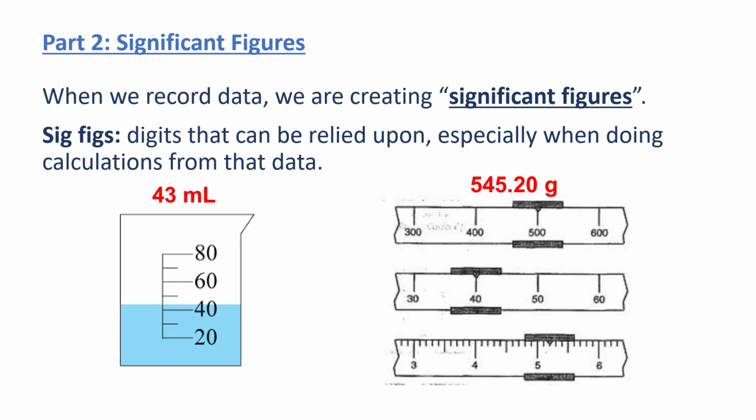So I might be able to tell that the balance looked like this, 545, and then it's got tenths, or 0.1 gram increments, as its smallest lines on the scale. I know that because they went to the nearest hundredth. They estimated a digit.